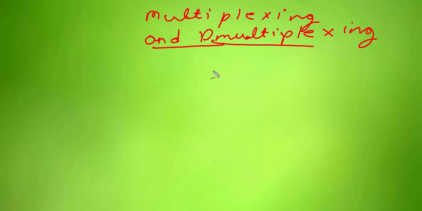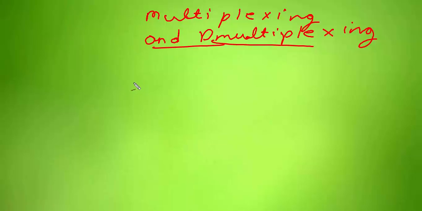So now let's talk about multiplexing and demultiplexing. Okay, so whenever an entity accepts items from more than one source, this is referred to as multiplexing.